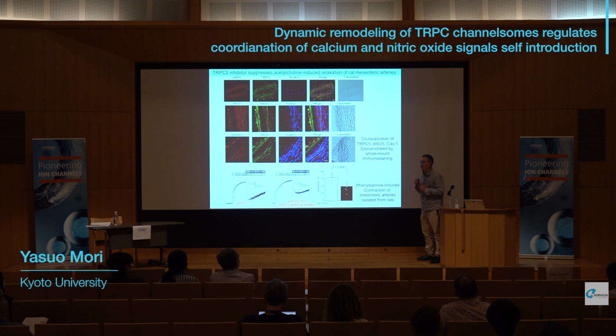If TRPC5 or TRPC4, which are quite similar, was knocked out, they are quite vital. So that's the reason why we thought that there is a significant compensation, even though TRPC5 itself is critical in the wild type mice.